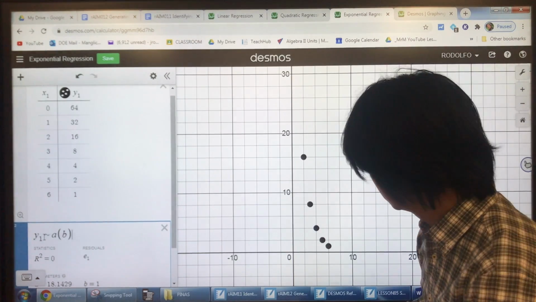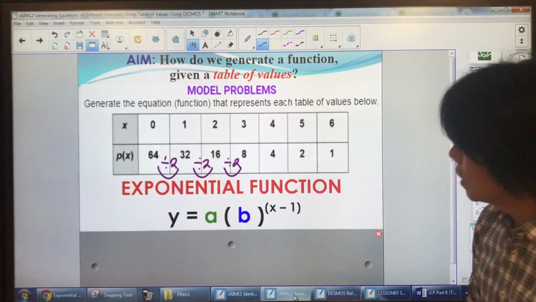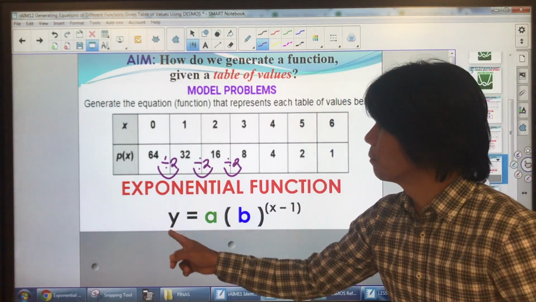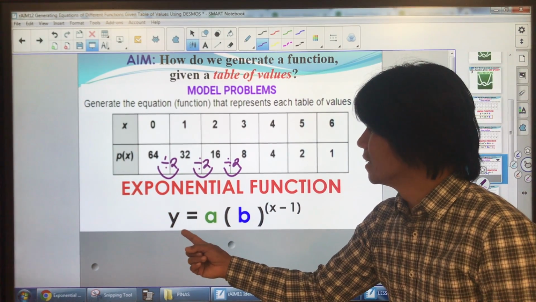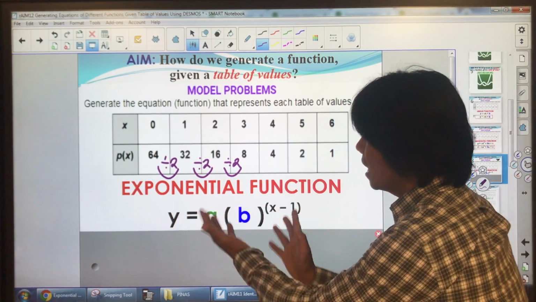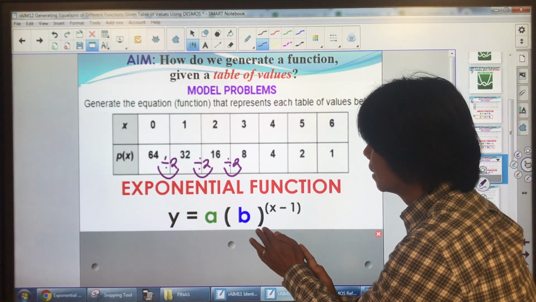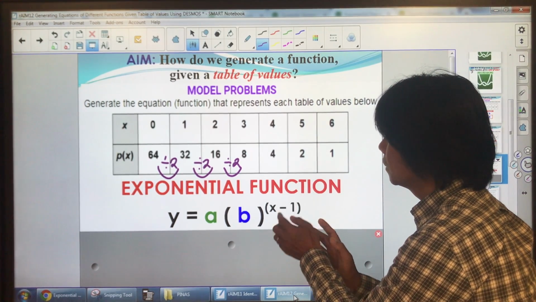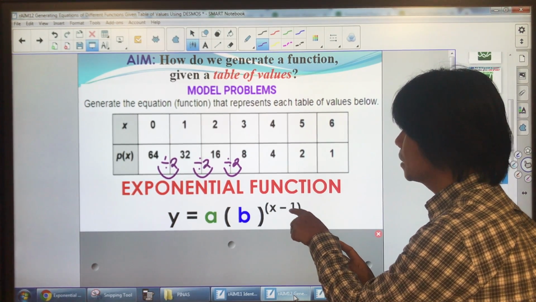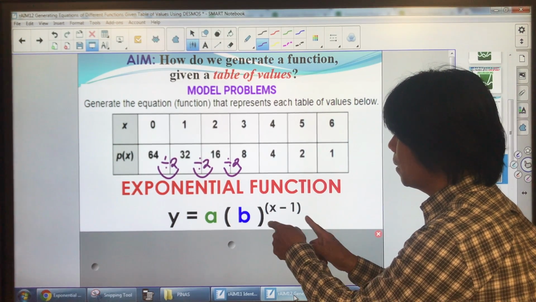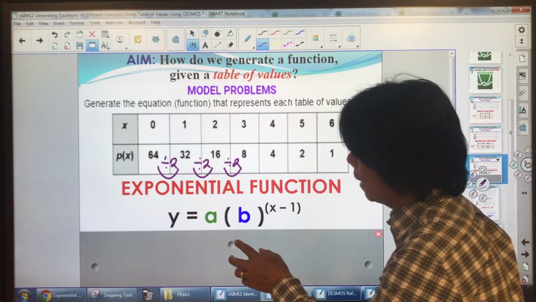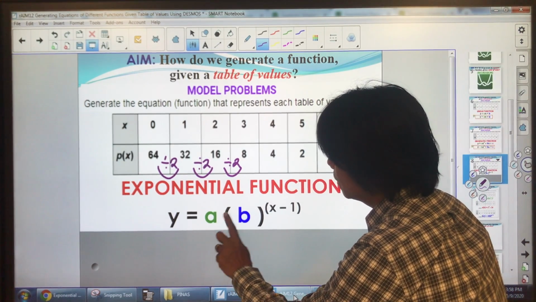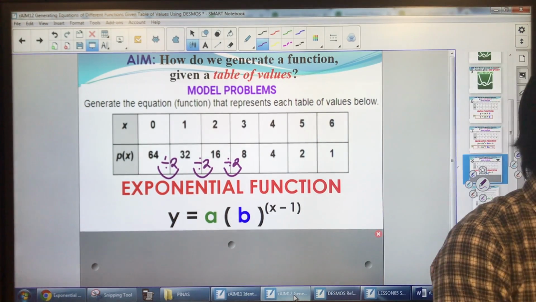I don't think I went over the general form, I mean the standard form of exponential function. Y equals A times the parentheses B, alright, raised to the power of x minus 1. Take note, I put parentheses here around the exponent, okay? And A represents the initial value, B is the common ratio.